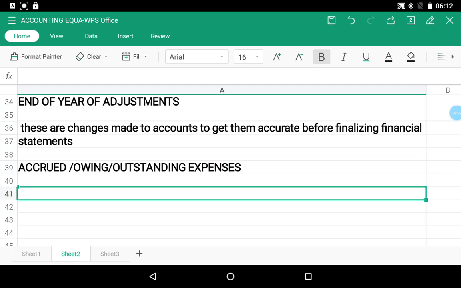When you talk about accrued or outstanding expenses, what does it mean?